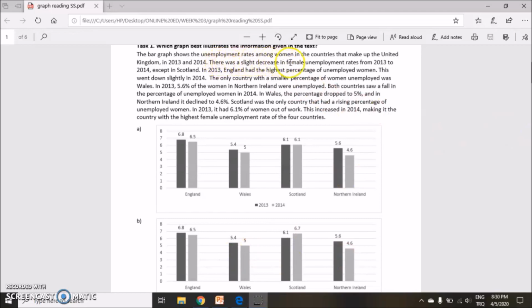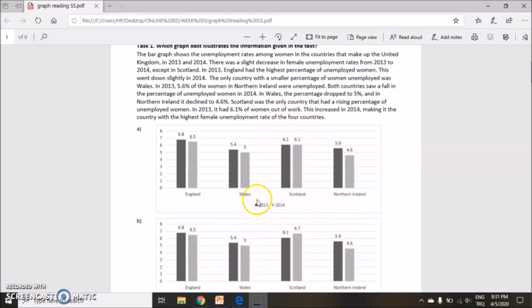There was a slight decrease in female unemployment rates from 2013 and 14, except in Scotland. So in both charts, you will see all of them decreased here, here, here, and here, except for Scotland.